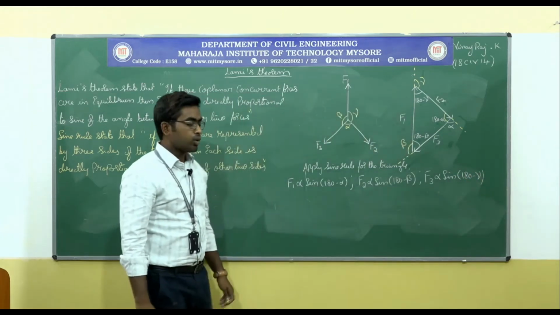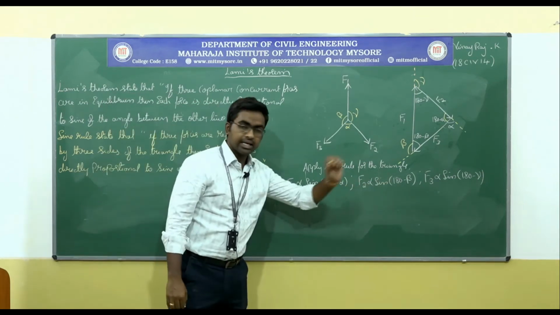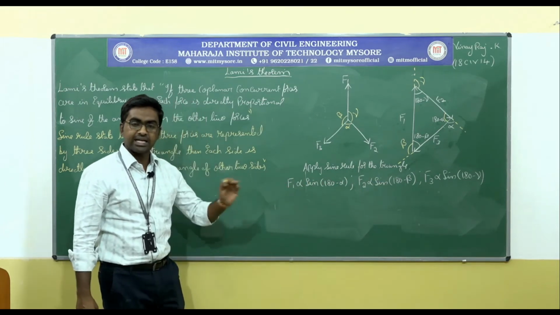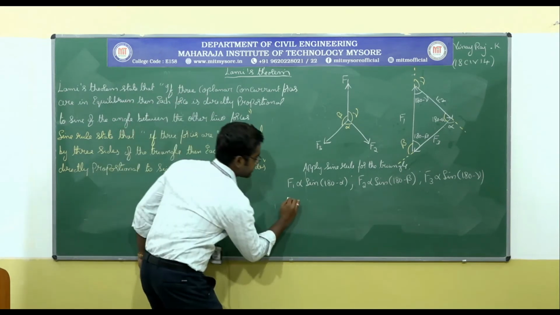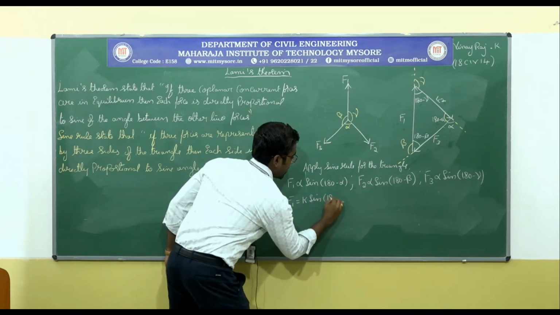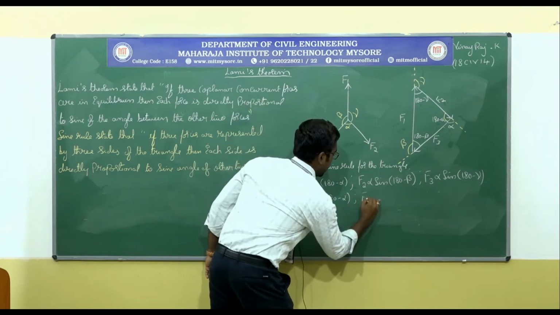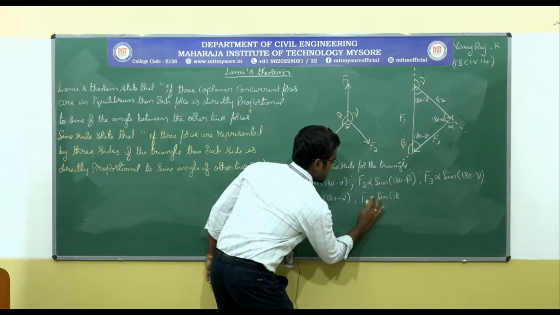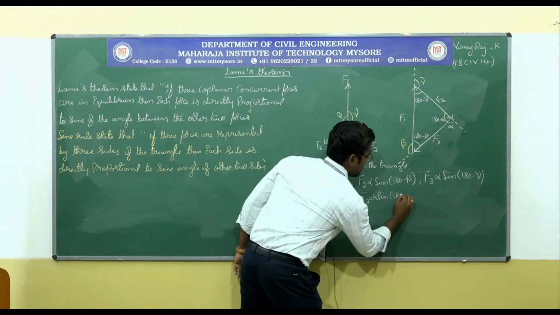So by applying the sine rule, I got three equations. Right? So in these three equations, now I am going to remove the proportionality, and I am going to introduce a constant. Right? That is, F1 is equal to k times sine of 180 minus alpha. Then F2 is equal to k times sine of 180 minus beta.